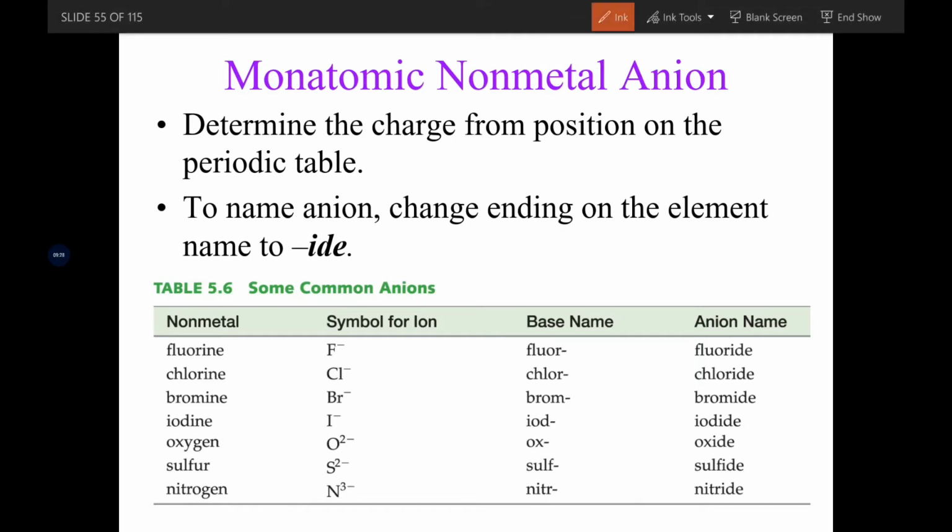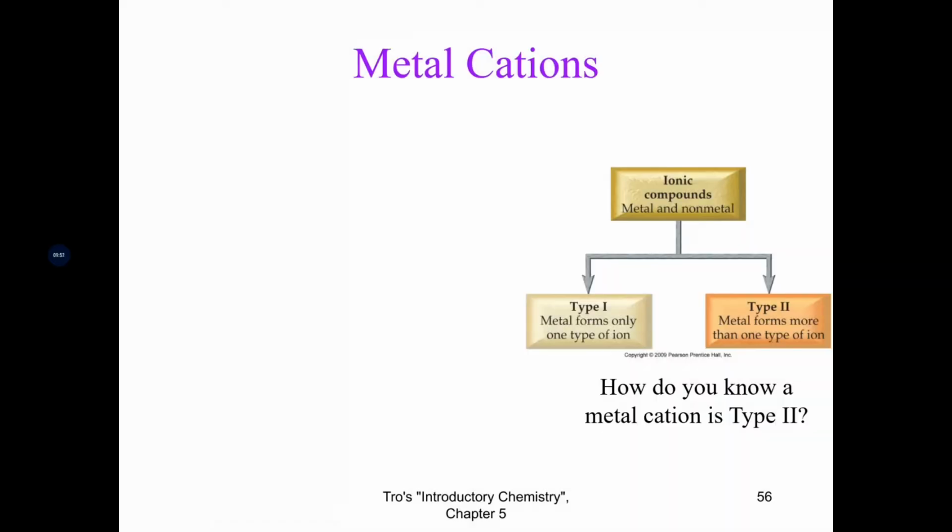Notice how we keep the stem of the name. For example, fluorine, we get rid of the -ine and change it to fluoride. Chlorine, chloride. Then bromide, iodide, oxide, sulfide, then we have nitride. That's what we're going to do with the monoatomic ion.